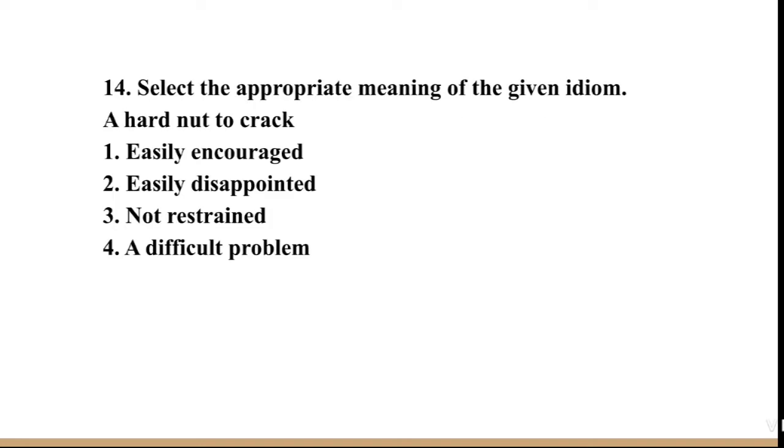Question number 14. Select the appropriate meaning of the given idiom. Now, what is an idiom? An idiom is a phrase where the literal meaning is different from the actual meaning. The literal meaning would mean something, but it would refer to something else. There is a second order of meaning.